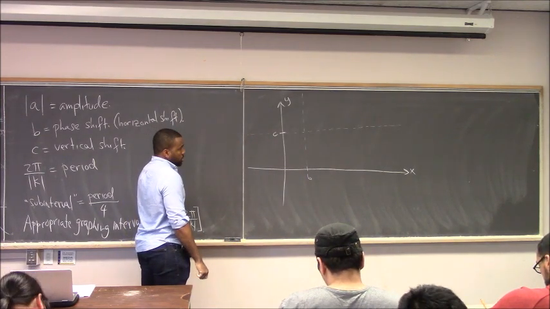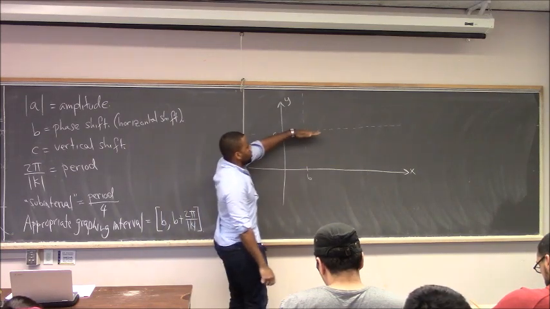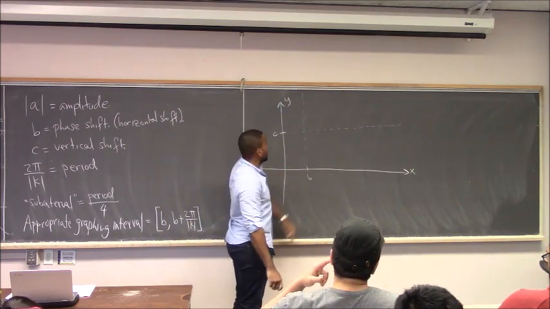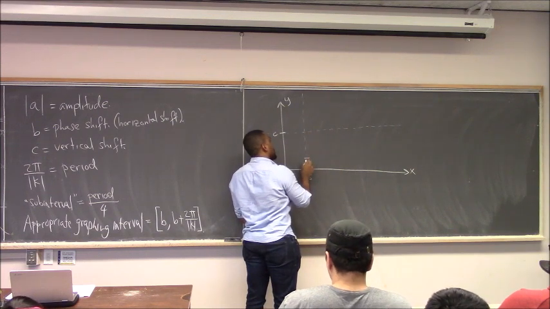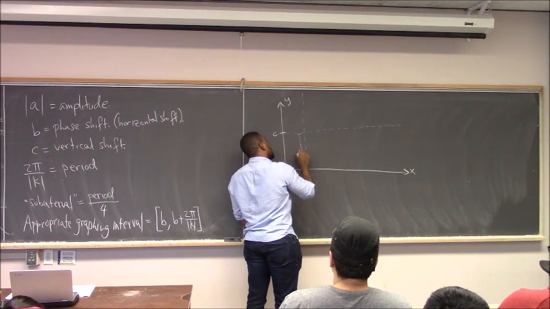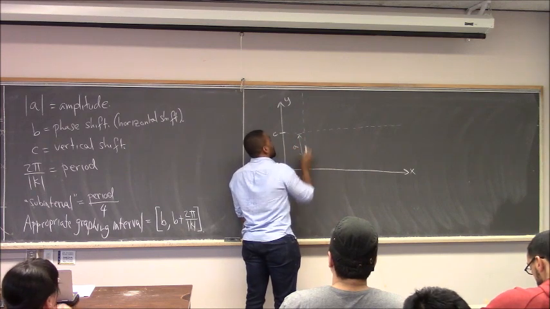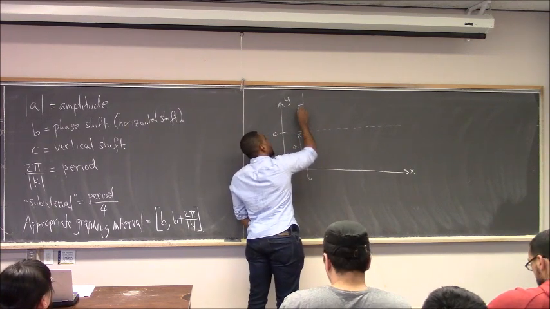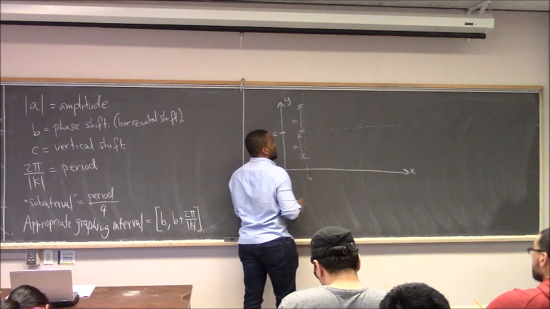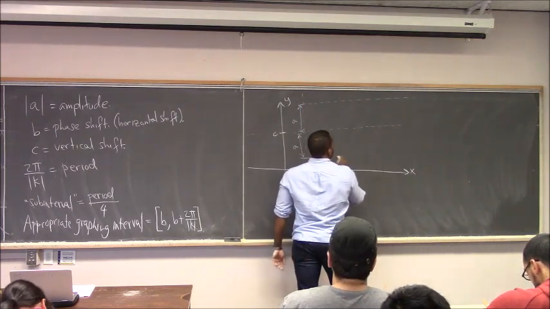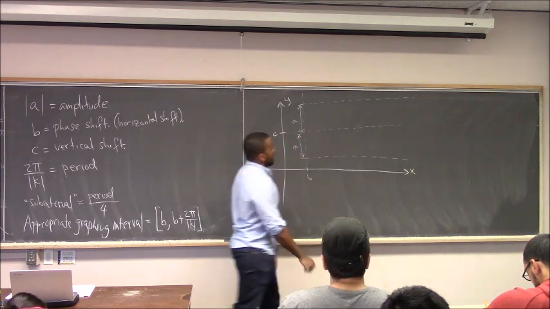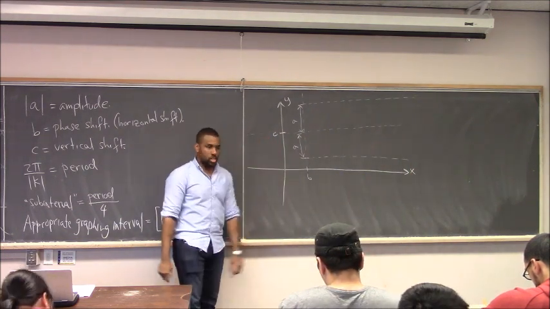The amplitude is how far you go above and below the baseline. From this, you're going to go down by a distance a, and you can go up by that distance a. This distance a is called the amplitude. That's the maximum height your graph will hit, and this is the minimum height your graph will hit.